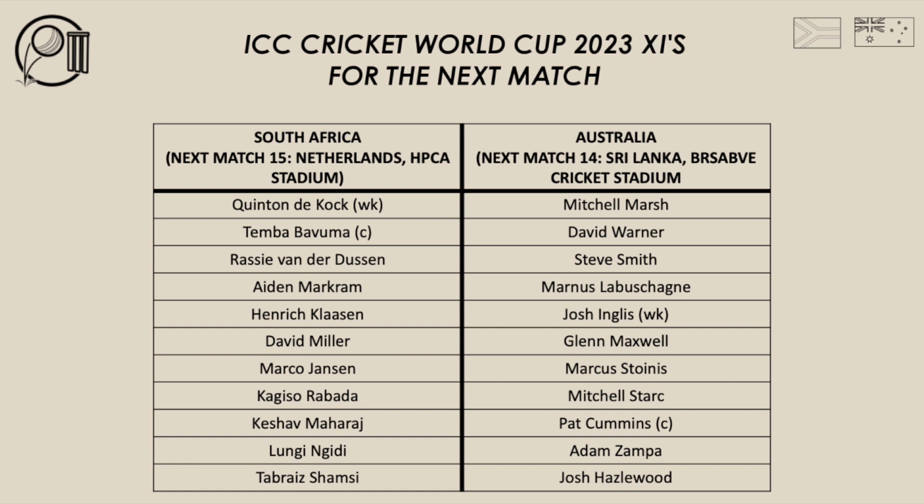Sri Lanka, coming into this game, their form has been a bit patchy. They've produced some good performances with the bat, Kusal Mendis and Sadeera Samarawickrama scoring centuries against Pakistan in the last game that Sri Lanka played. So Sri Lanka have been producing good performances with the bat. Their bowling has been a bit depleted with injuries, and they've suffered in this World Cup.